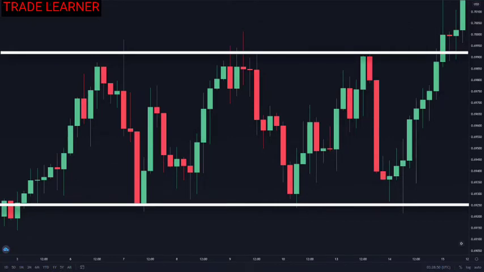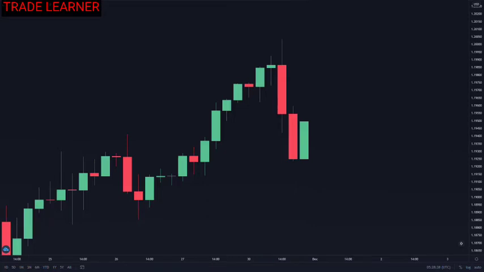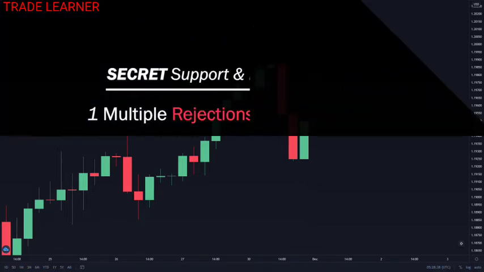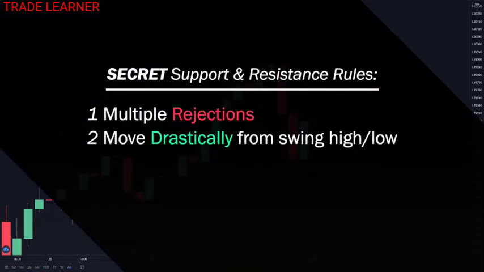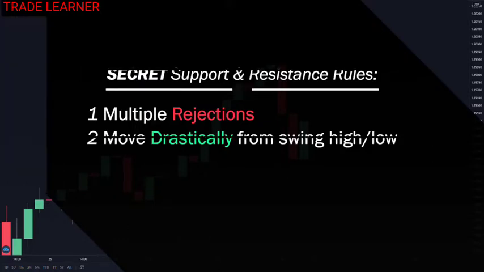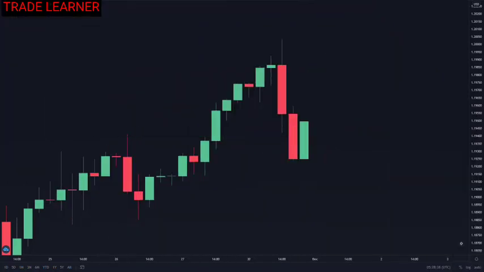Now, you may be wondering, what if the chart looks like this, where there are still no multiple rejections yet? Well, that brings us to our second rule. The price needs to move away drastically from a swing high or swing low. In this chart, we can see that there aren't any multiple rejections formed yet.